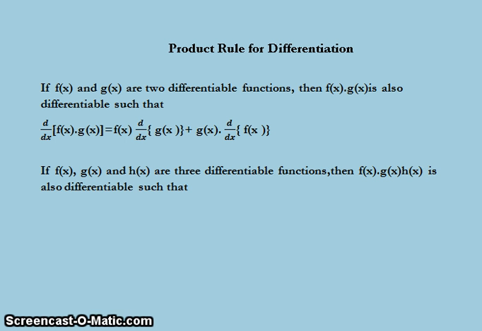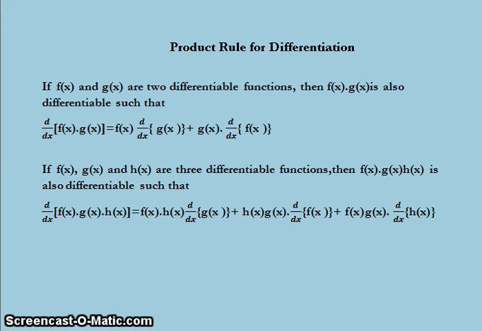Then the derivative of the product of f, g and h with respect to x is equal to f(x) into h(x) into derivative of g(x) with respect to x plus h(x) into g(x) into derivative of f with respect to x plus f(x) into g(x) into derivative of h(x) with respect to x. Thus we can find the derivative of two or three functions that are differentiable by the use of the product rule for differentiation.